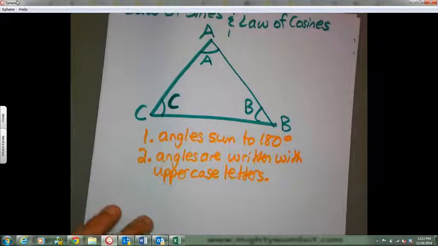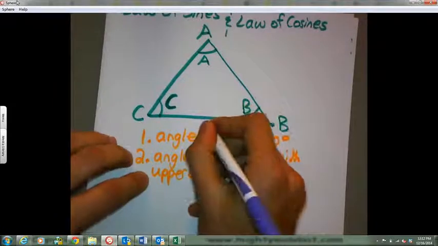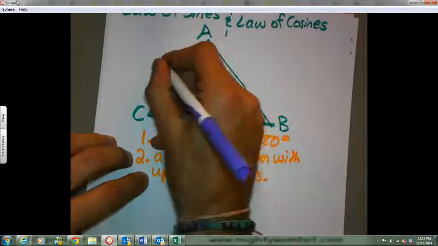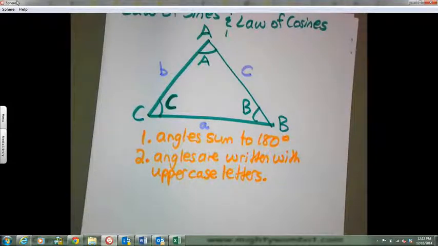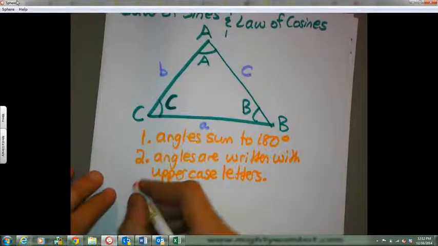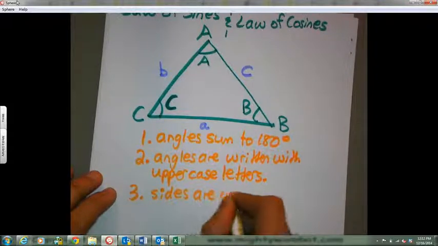The next thing I know is that this is side A, side B, side C. And I know a few things about sides. The first thing I know is that sides are written with lowercase letters.